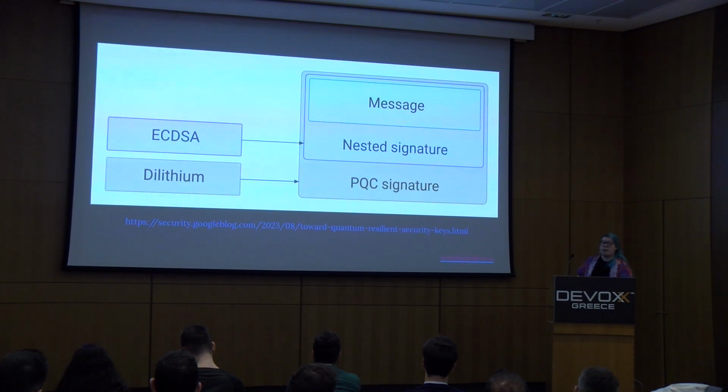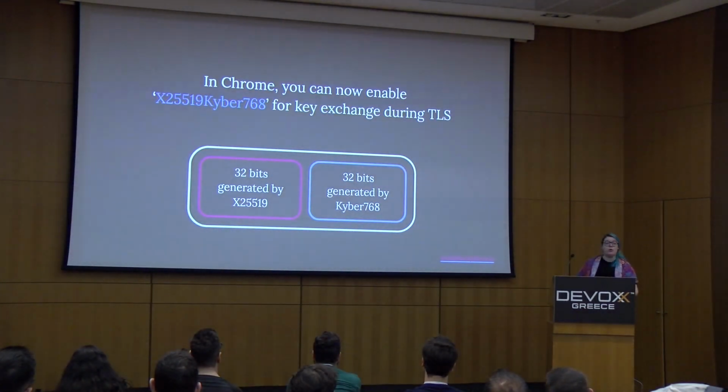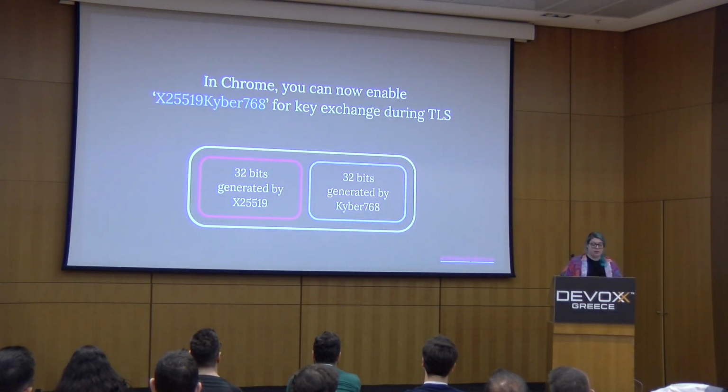And essentially, at the moment, the thing that they're proposing you do is you use both at the same time. And this means that even if somebody manages to break ECDSA, there's still dilithium there to protect you, and vice versa. In Chrome, you can enable these algorithms, specifically the key exchange one.